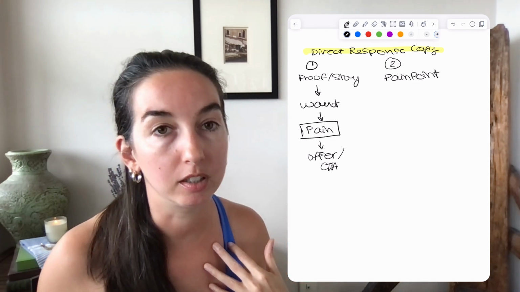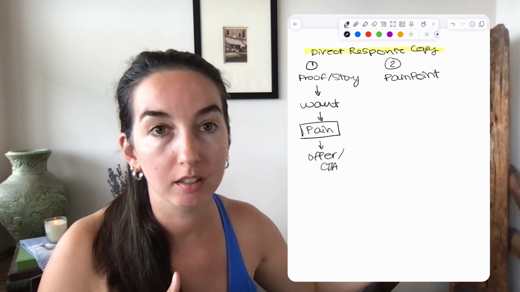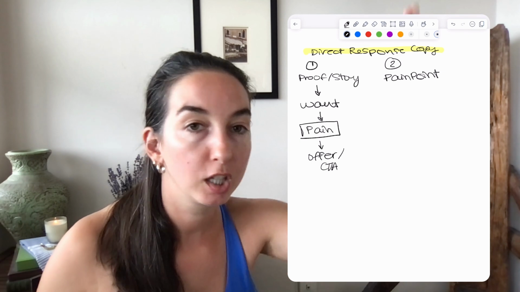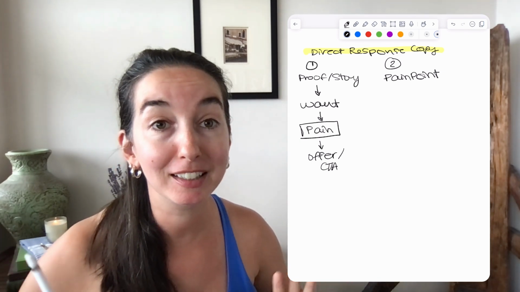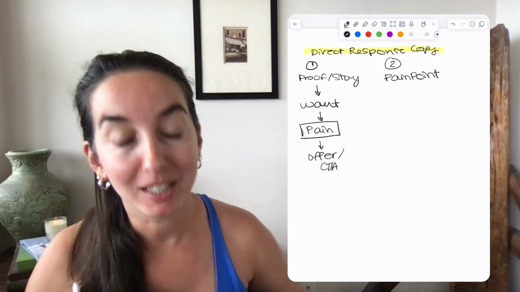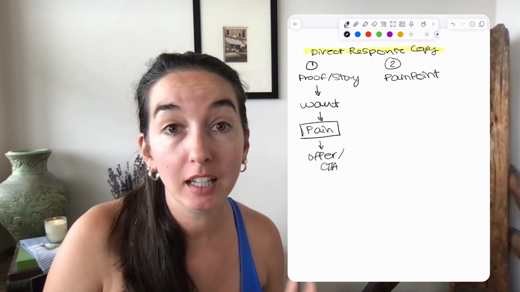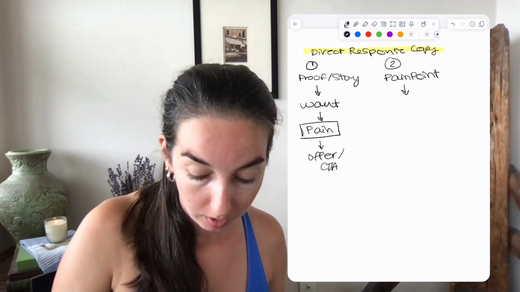I genuinely think there's an argument for it being unethical if you didn't, if you have a solution to somebody's problem. Anyway, you know that whole argument. Let me know what you think about it in the comments. How do you feel about pain point marketing? Anyway, pain point headlines tend to be really effective because people want solutions to their problems.